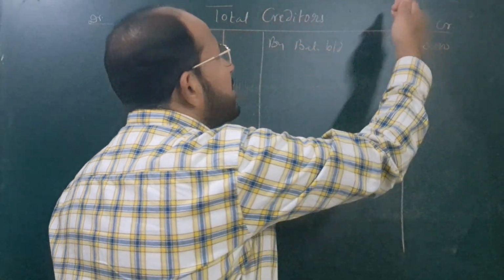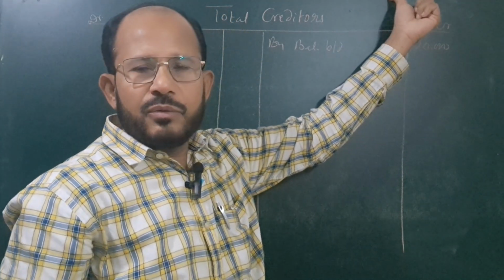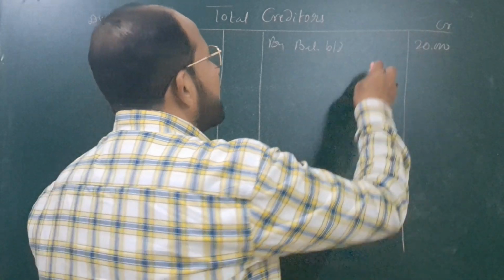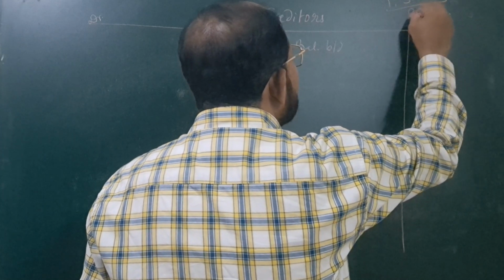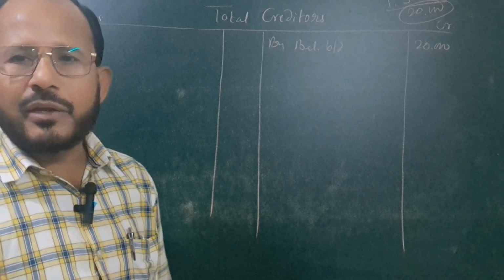Or we can also take this one like this. See, in order to match this figure, goods worth rupees 1,50,000 we had purchased on credit. Out of that we have paid rupees 1,30,000 in the previous year, and rupees 20,000 is yet to be paid.